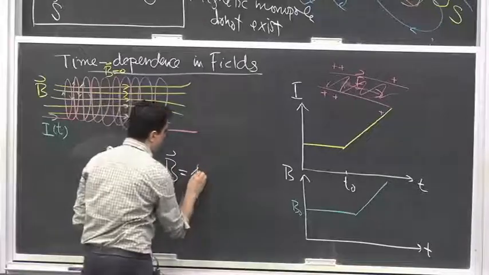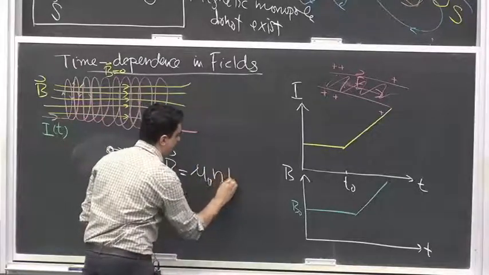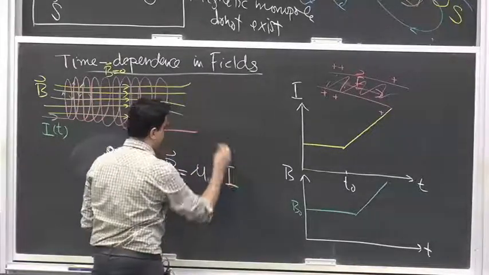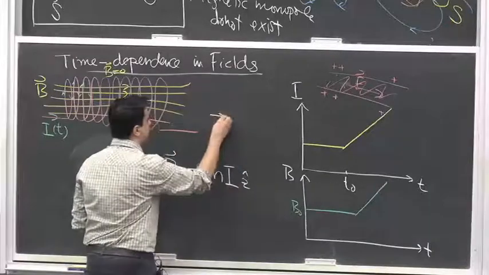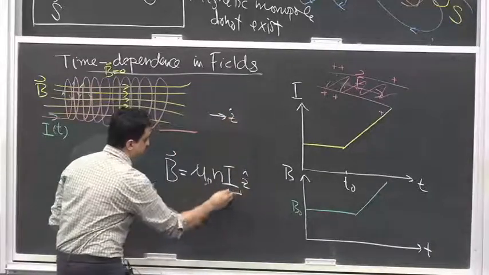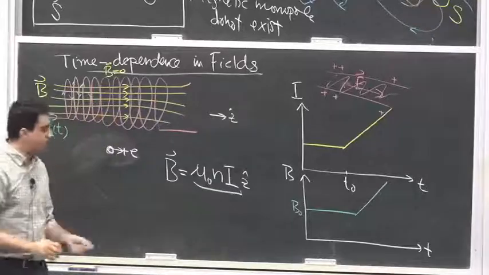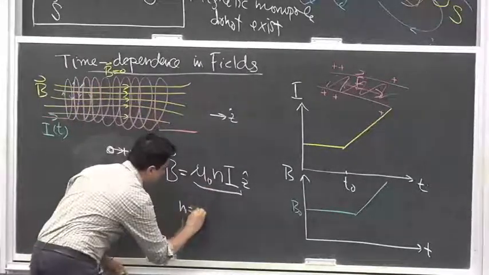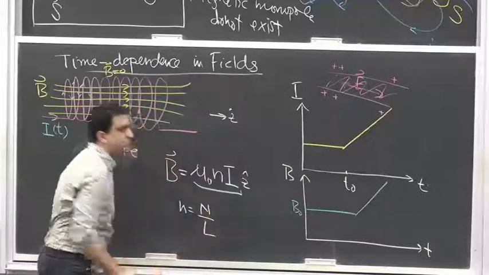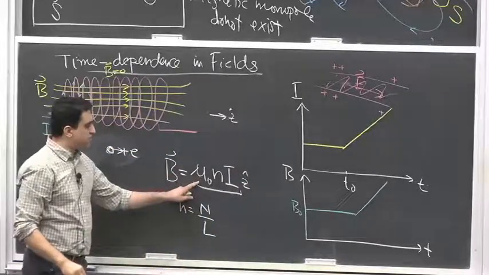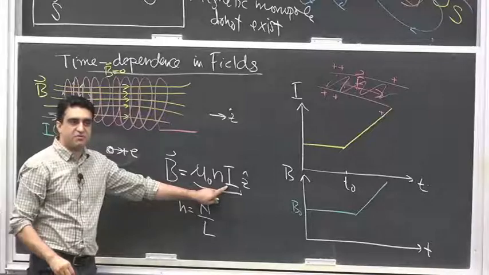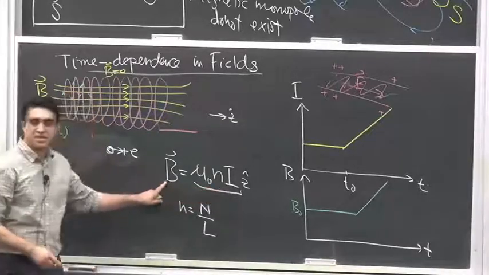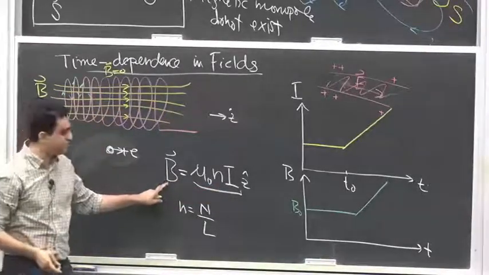This is given by mu naught n I, in the z direction, where n is the number of turns per unit length, mu naught is a constant and I is the current. So if you linearly increase the current, the magnetic field magnitude will linearly increase as well. So that's what you see.